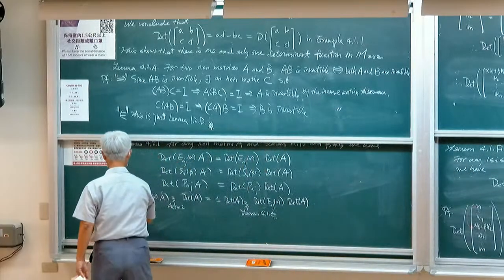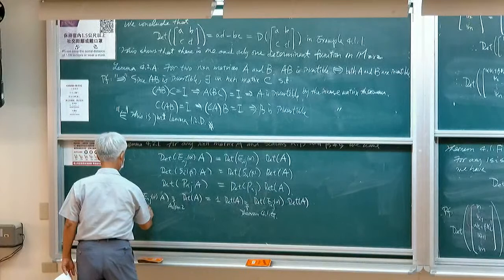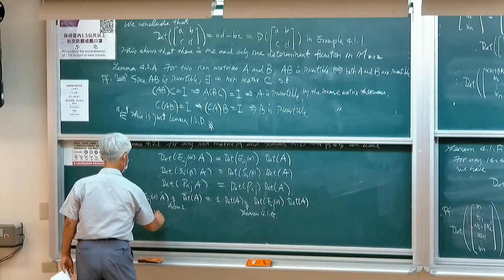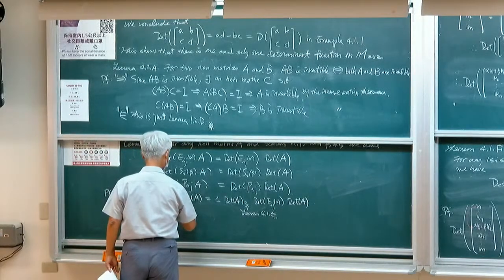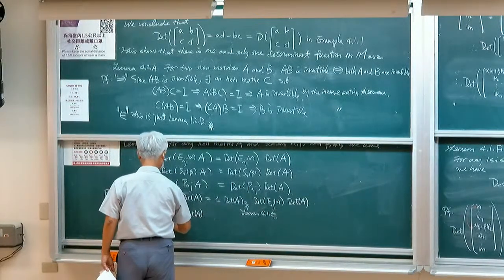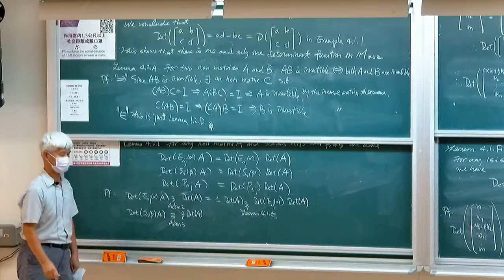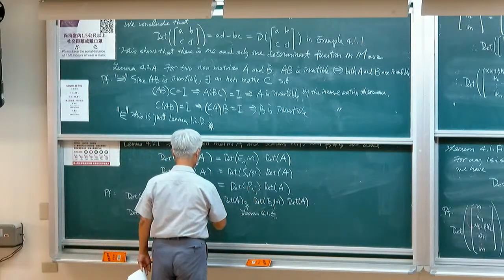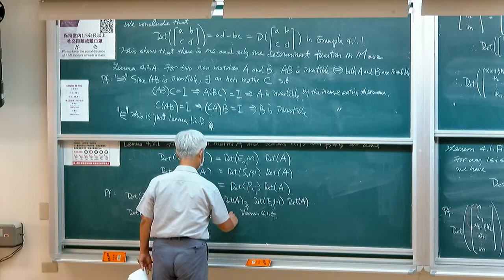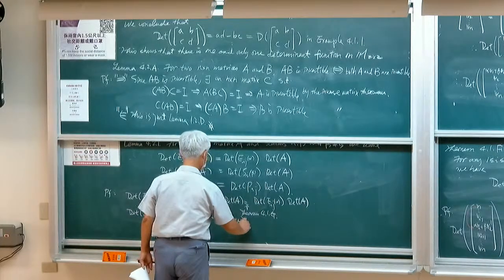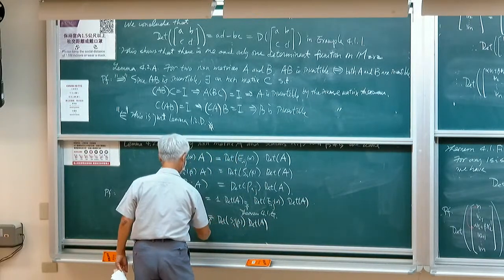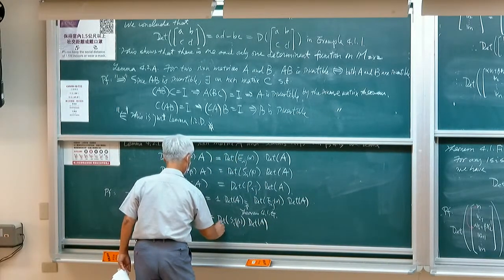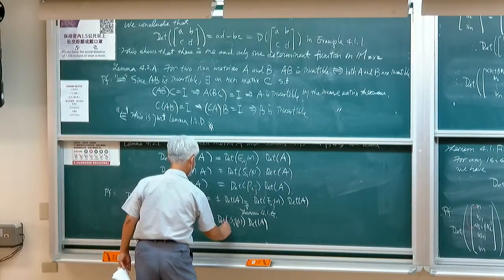Right. Now how about the scaling? Okay, so this is beta times the determinant of A by axiom number 3. But beta is the determinant of the scaling matrix, times the determinant of A. Again, this is by theorem 4.1.3.